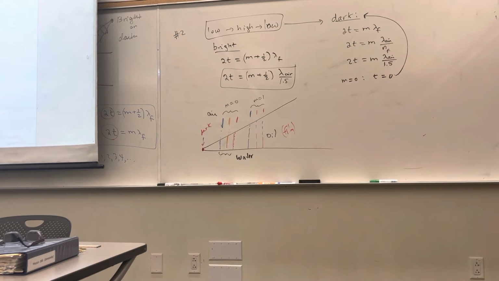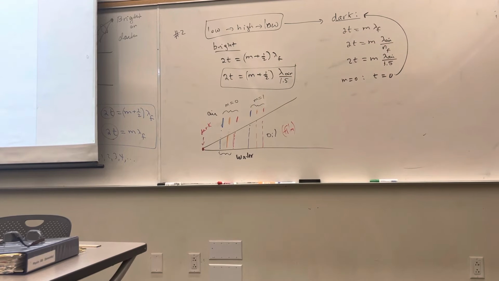So, what does it say? You have a thin film of oil with varying thickness floats on water. 1.5 index of refraction for oil, 1.33 for water, air is 1. When it is illuminated from above by white light, so you have all the colors in the visible spectrum, the reflected colors are shown in the figure below.